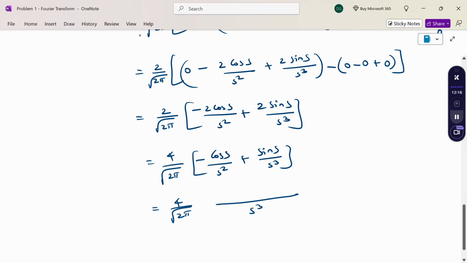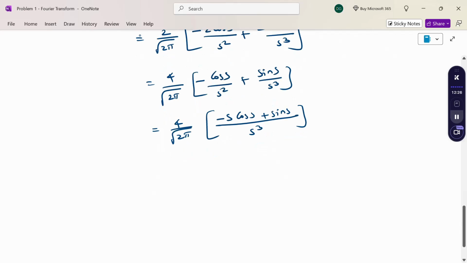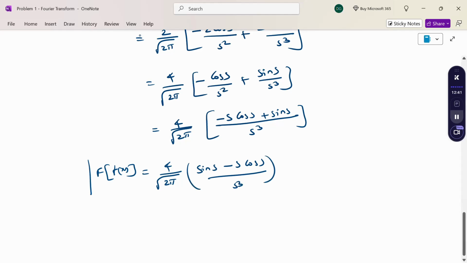So multiply numerator and denominator, s cos s plus sin s. So this is our Fourier transform value. The Fourier transform of f of x is equal to 4 by square root of 2 pi times sin s minus s cos s by s cube. If the problem is only the Fourier transform, the answer is over.